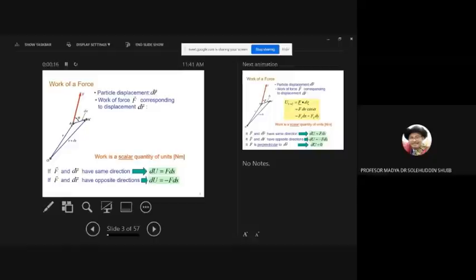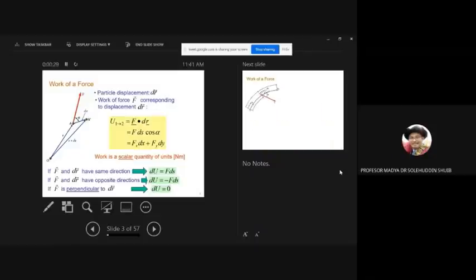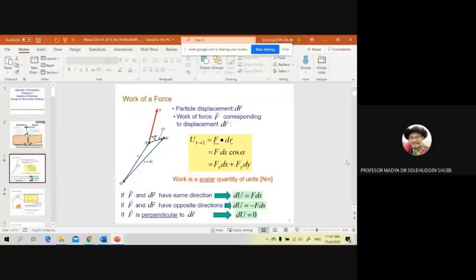What will happen if this force is perpendicular to this dr? So the work done will be zero.